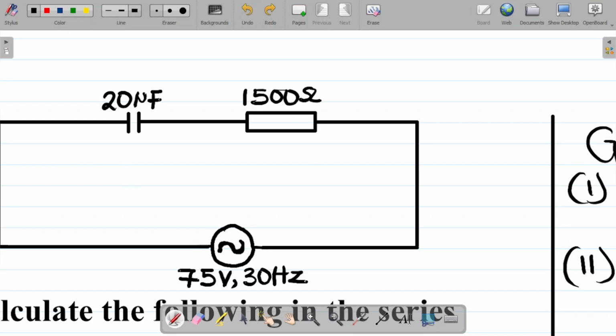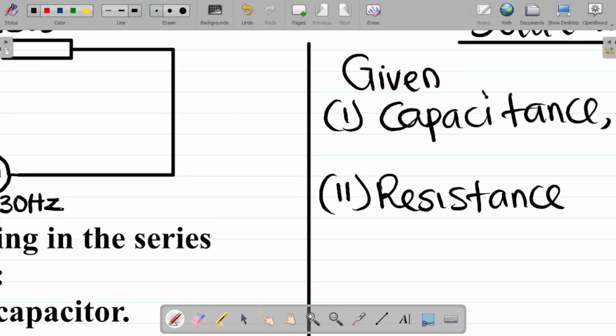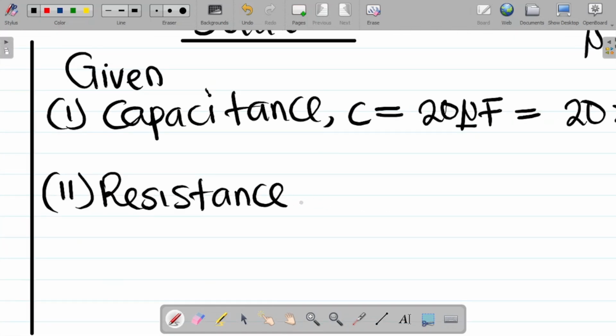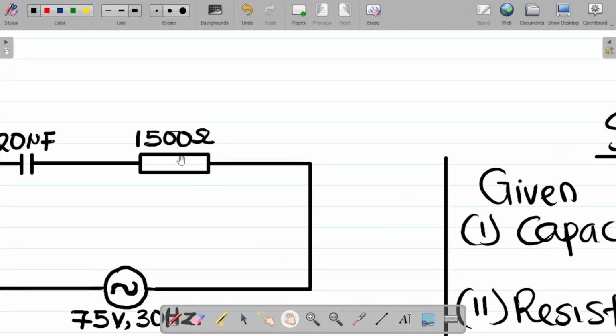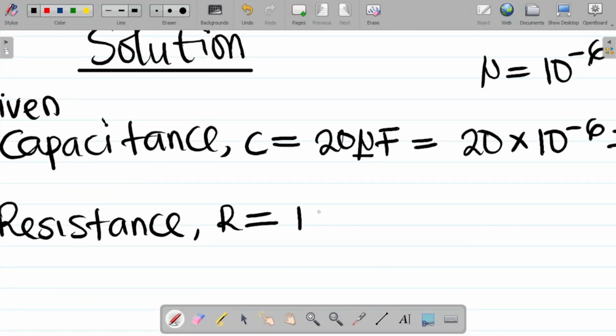In this case, it means that we're also given the resistance. So number 2, we're given the resistance, R. The value of the resistance R is the value given here as 1,500 ohms. That's the resistance.